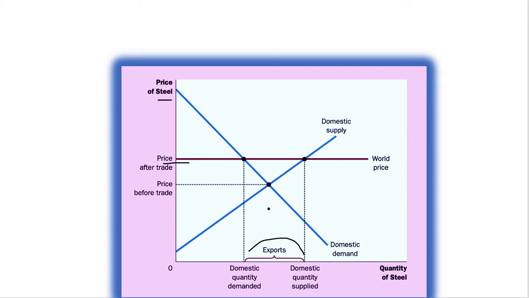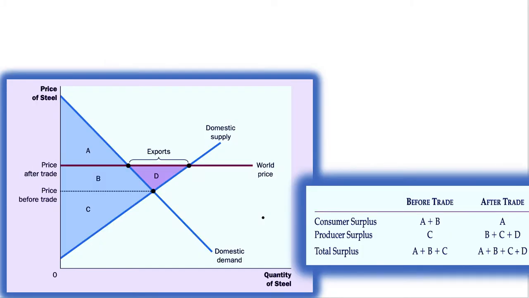If we want to calculate the impact not only on the domestic market but also how much we will export, we have this graph in which, before trade, A and B are the consumer surplus, we already know, and C, this rectangle, is the producer surplus.